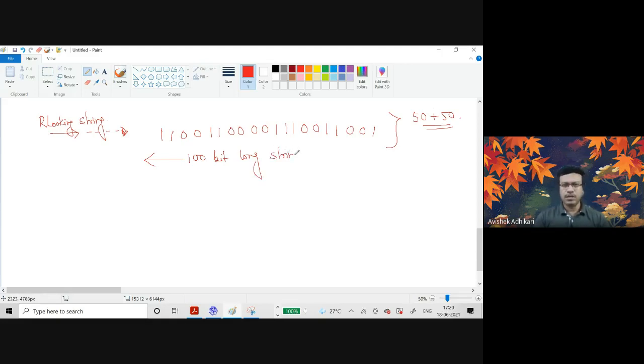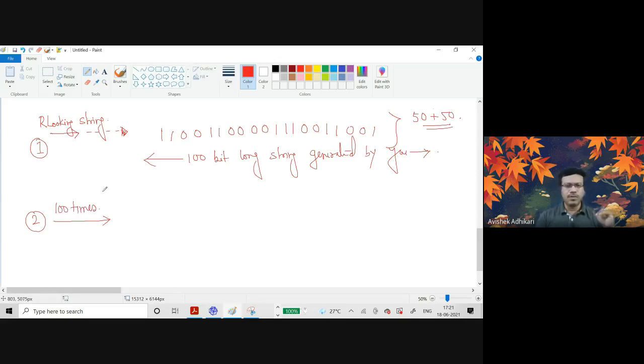So ultimately, suppose this is a 100-bit long string generated by you. Okay. Now, this is say my first one, and now you need to do some experiment. Take any coin as you wish, and make a coin toss 100 times.